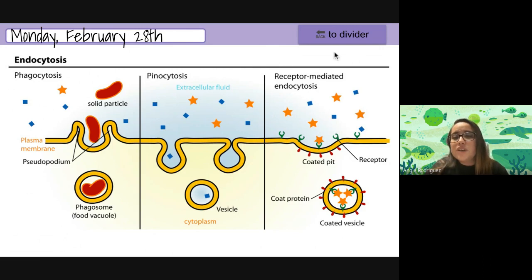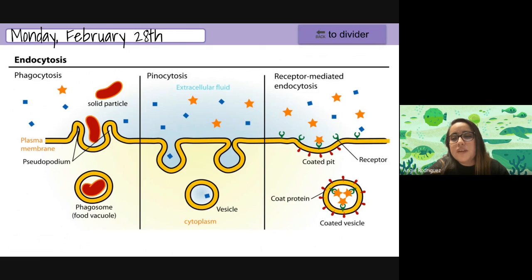And then the last one, receptor-mediated endocytosis. This kind of works like an enzyme. If you don't remember what an enzyme is, remember I have the substrate and the enzyme that match up like two puzzle pieces together, okay? And it's very picky. They need to match up together. So this is the way receptor-mediated endocytosis works.